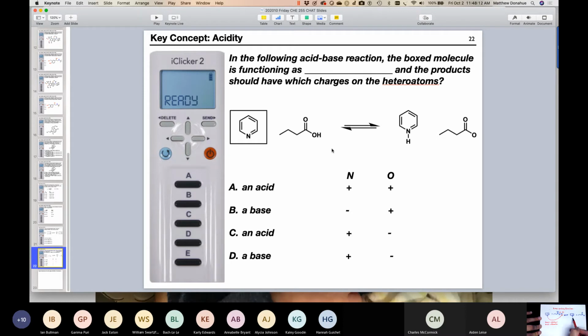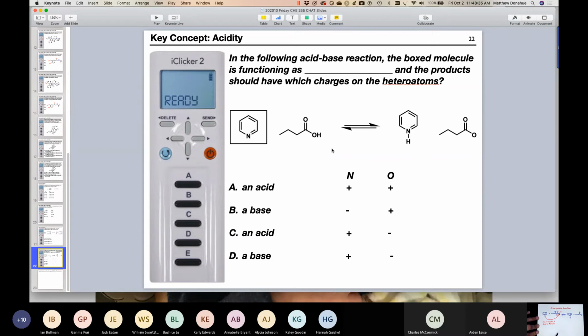We know that hydrogen can only have one bond, so this bond here has to break. The next arrow starts in the middle of this bond. Those two electrons move on to oxygen. The arrowhead points to the delta negative.